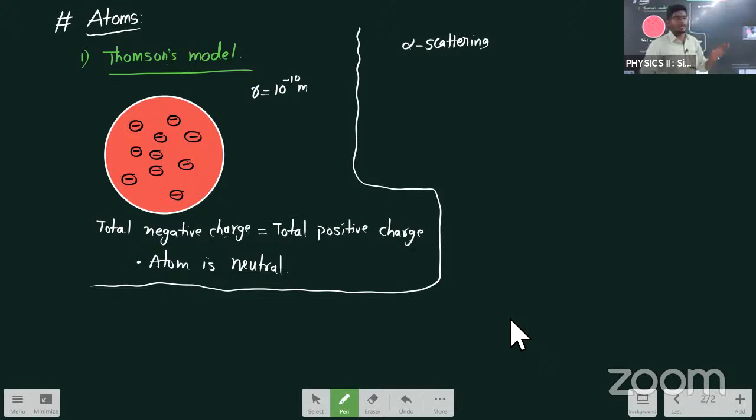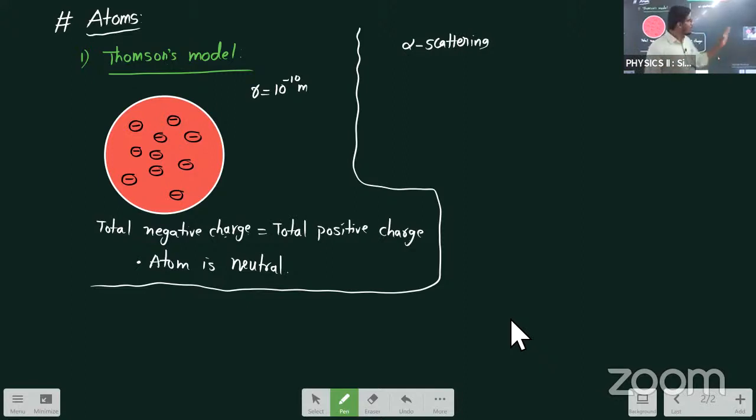He observed that alpha particles were passing through the atoms without any scattering, but in one region, at the center of the atom, the alpha particles were getting reflected back.